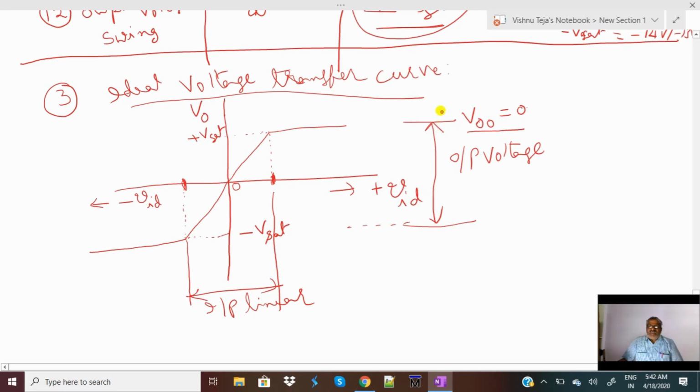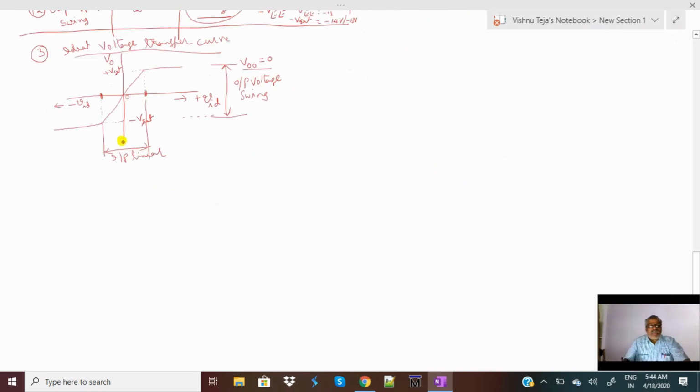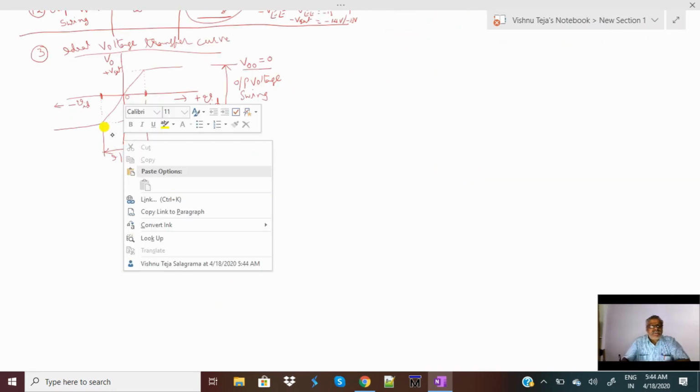We never get more than plus Vsat or less than minus Vsat. So the output for any given input is between plus Vsat and minus Vsat. This range is called the maximum output voltage swing.